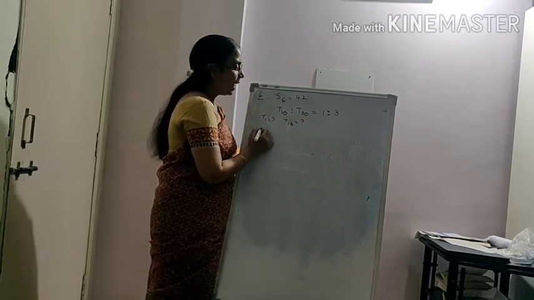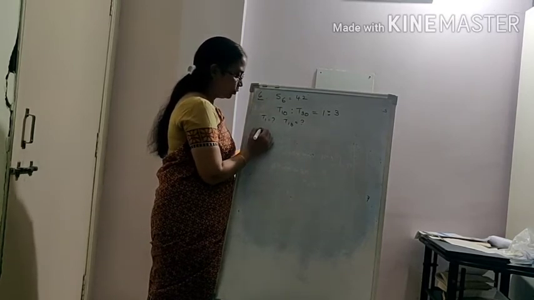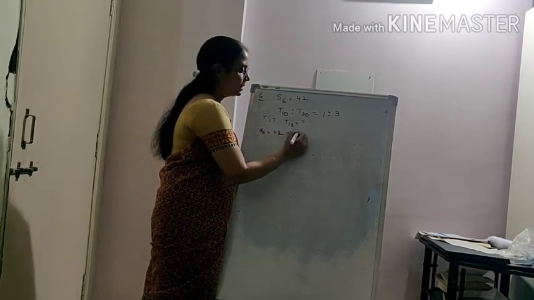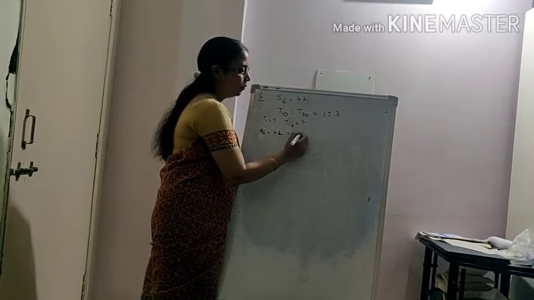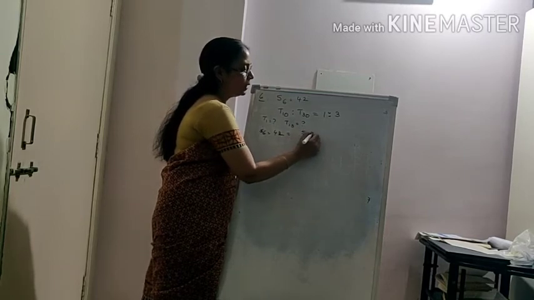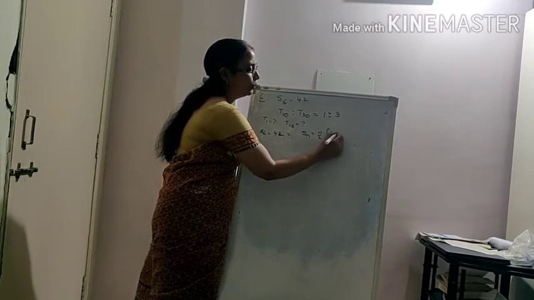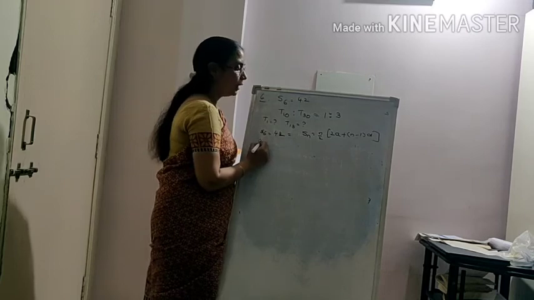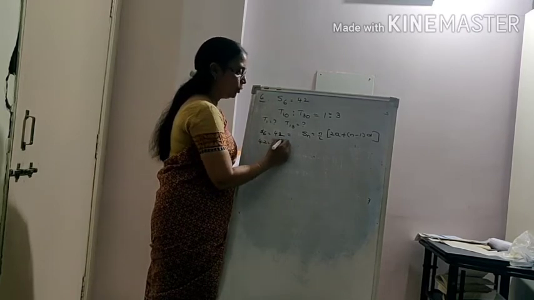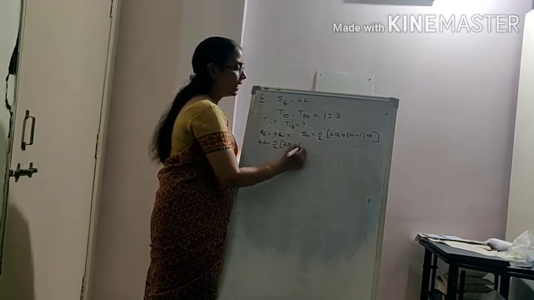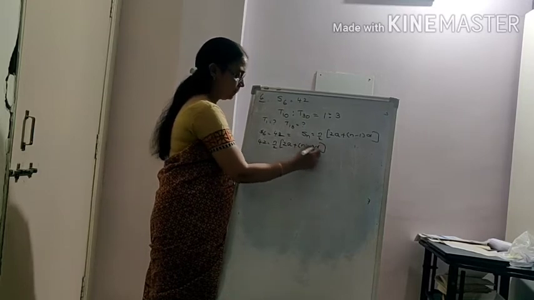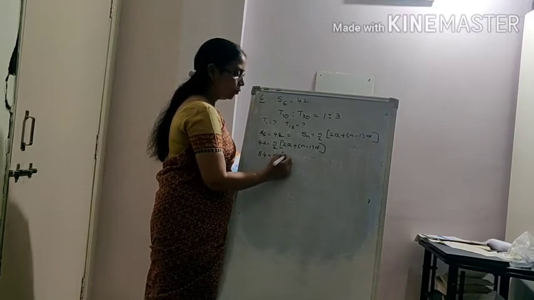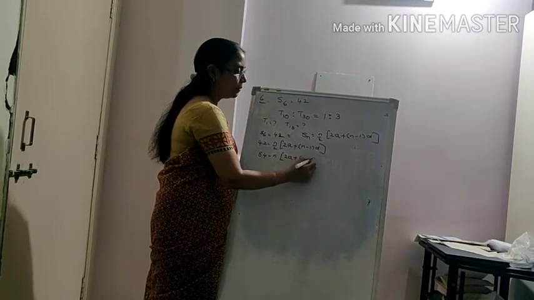Now S6 is equal to 42. We know that the sum of terms is n by 2 into 2a plus n minus 1 into d. So 42 is equal to n by 2 into 2a plus n minus 1 into d. 2 2s are 4, 2 4s are 8, is equal to n into 2a plus n minus 1 into d.